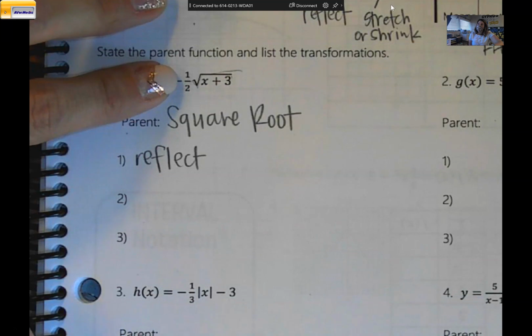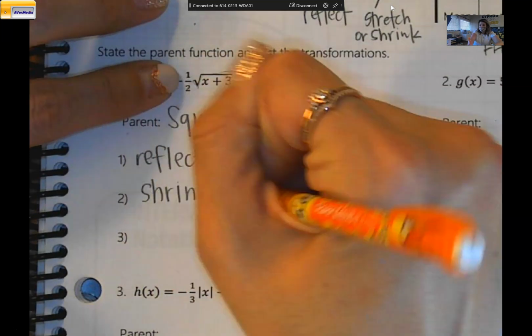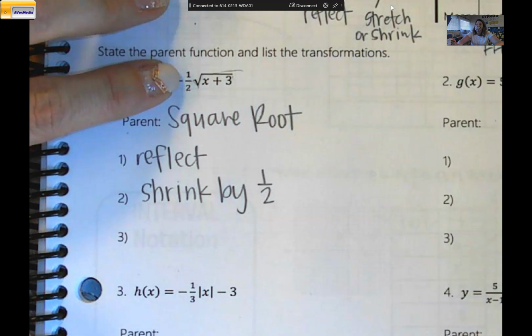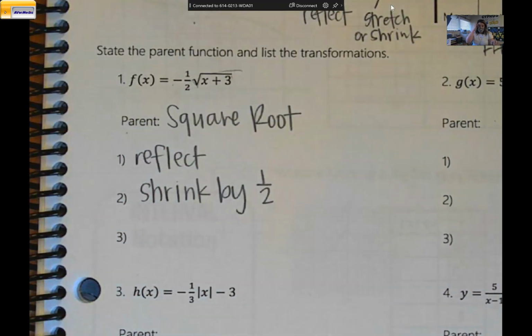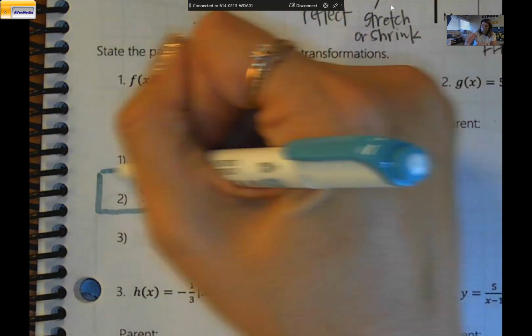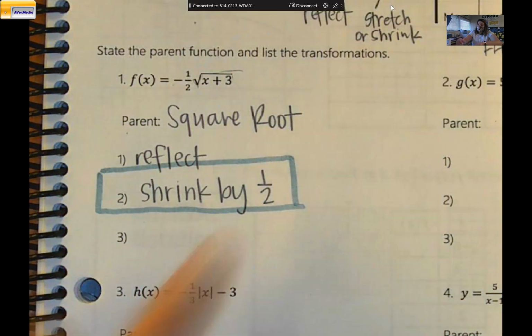Then the next thing I run into is a fraction, which means that this is a shrink by 1/2. So I'm going to highlight this because there's a couple things happening here that you want to make sure that you notice because this is on your quiz. The first thing is I just keep it as a fraction.